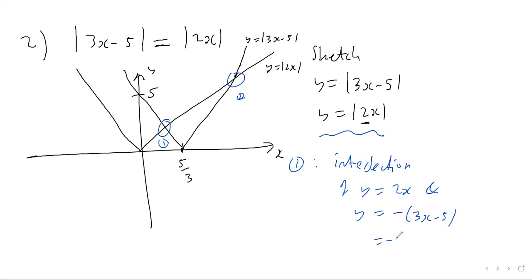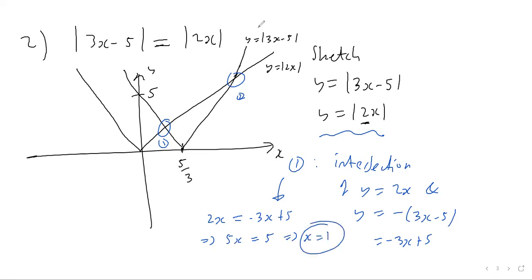In other words, minus 3x plus 5. Where these two lines intersect will be our intersection point. So we've got 2x is equal to minus 3x plus 5. If we rearrange this, we get 5x equals 5. Therefore x equals 1. So we get one solution at x equals 1.